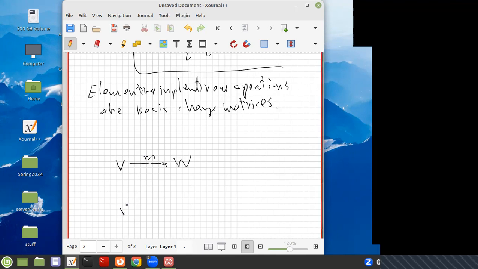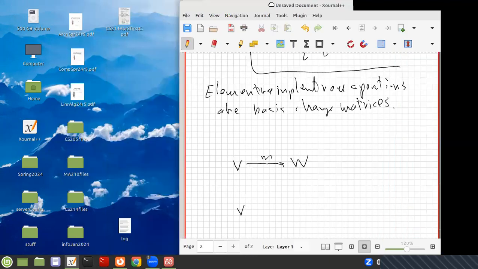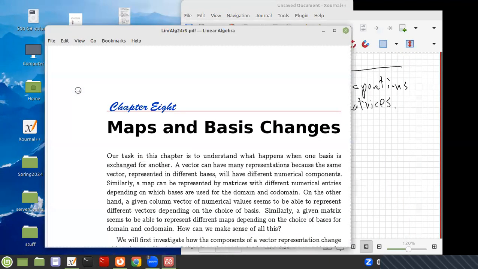One is, let's say I want to find a basis. Let me just make sure I follow the same notation as the text.